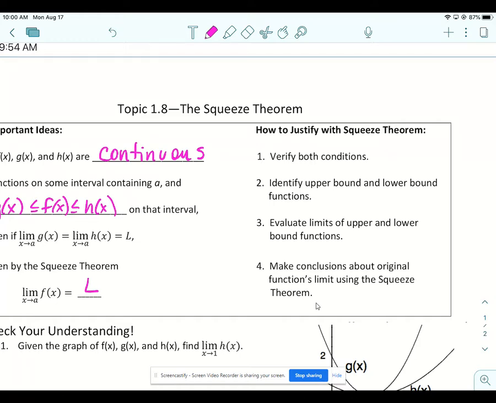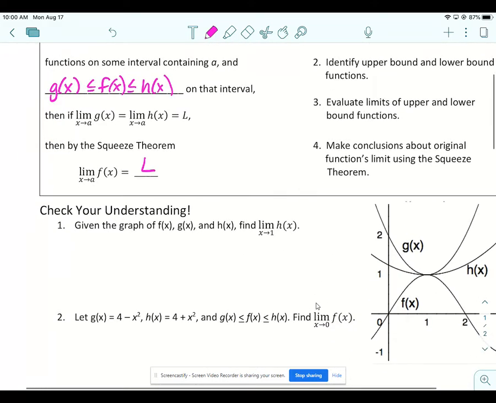And so then what we'll do is identify the upper bound and the lower bound. We will evaluate the limits at the upper and lower bound, and then we will make a conclusion about whether or not we can use the squeeze theorem, and if we can find the value of that third limit.